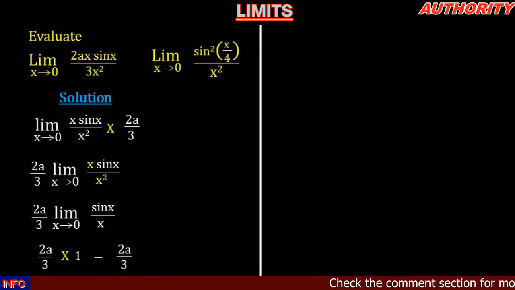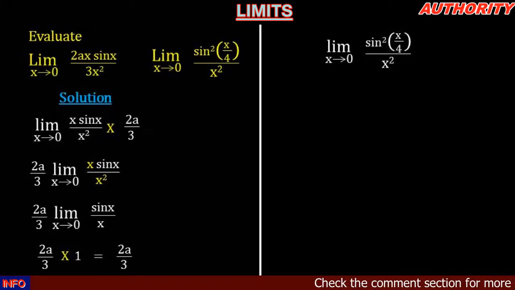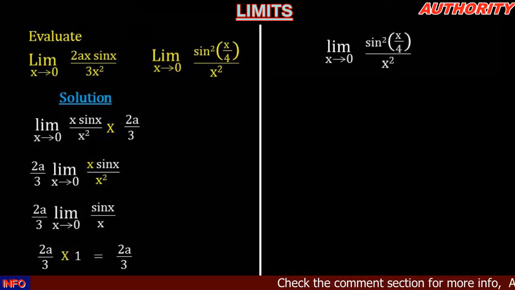Number 2 says limit as x approaches 0, sine squared (x over 4) all over x squared. You get it? Now, in this place we have sine squared. This sine squared is still the same as opening the sine in 2 places.